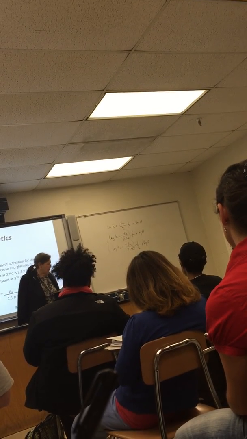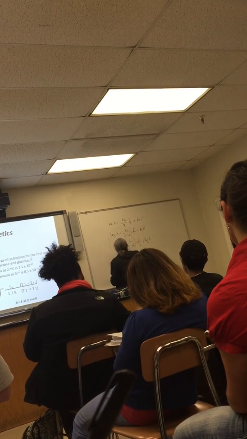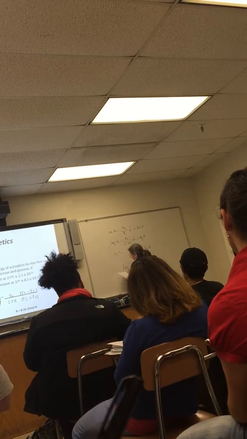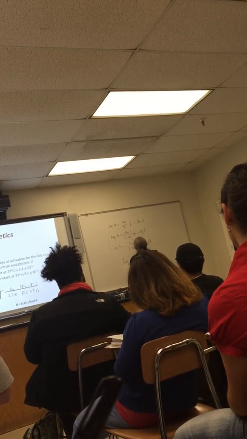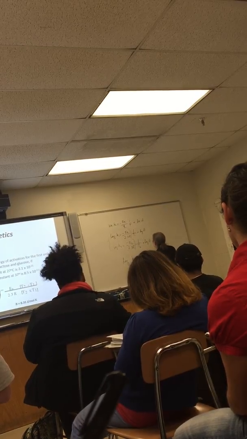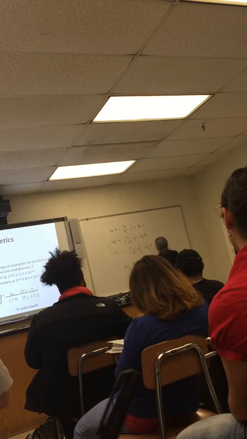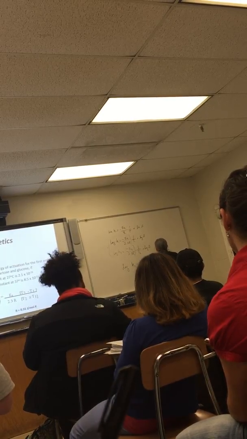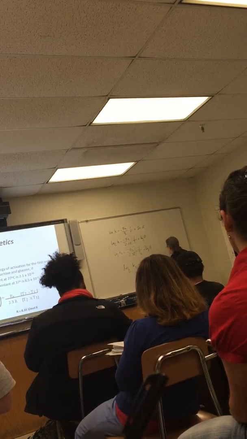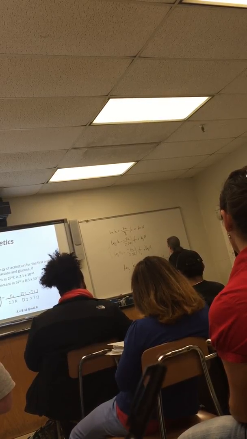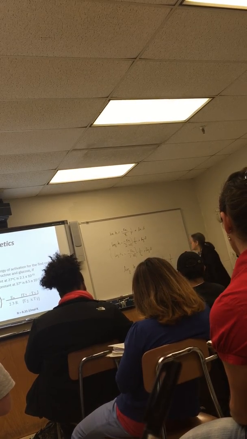And you wind up with log of K2 minus log of K1 equal to minus E sub A over 2.3R times 1 over T2 minus 1 over T1. Does that make sense?